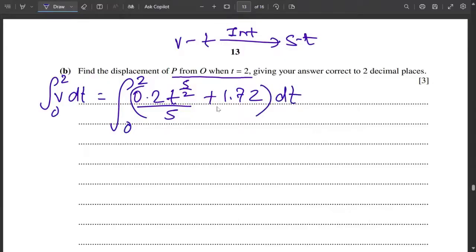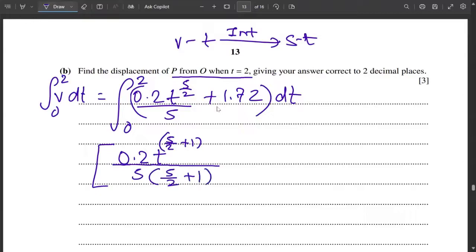Now let's start integrating this. So we'll get 0.2 t raised to 5 upon 2 plus 1, upon 5 upon 2 plus 1, plus 1.72 t, from 2 to 0.